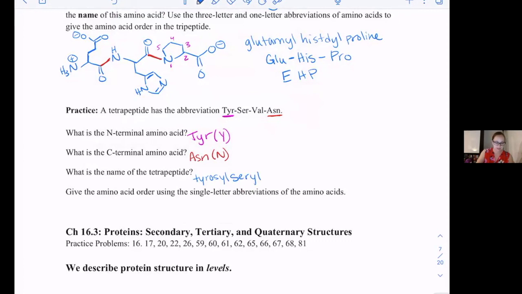Third one is valine. So we have valyl. And then last one is asparagine, which we keep the same. Okay, so that's the full name of this tetrapeptide.